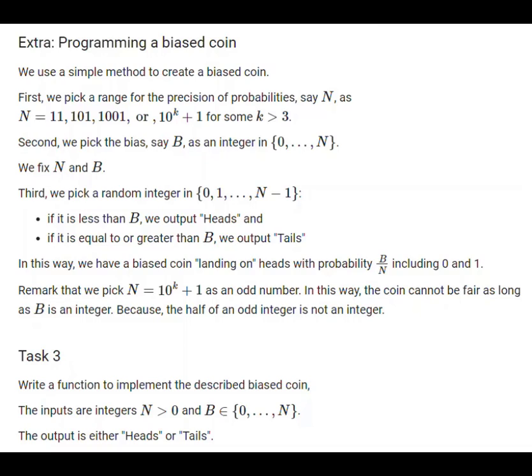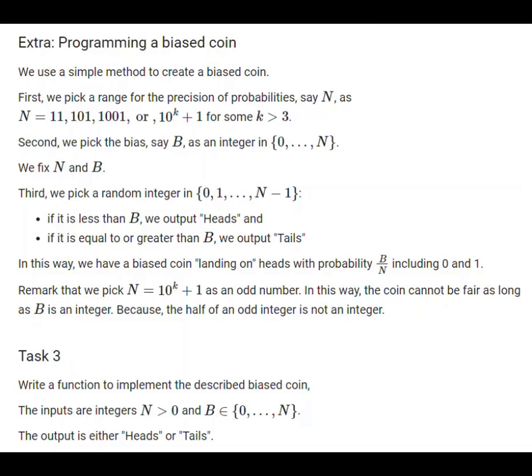We fix n and b as definite integer values. Third, we pick a random integer in the range 0 to n-1. If this random integer is less than b, we output the string heads. Otherwise, we output the string tails. In this way, we have a biased coin landing on heads with probability b over n, including 0 and 1.